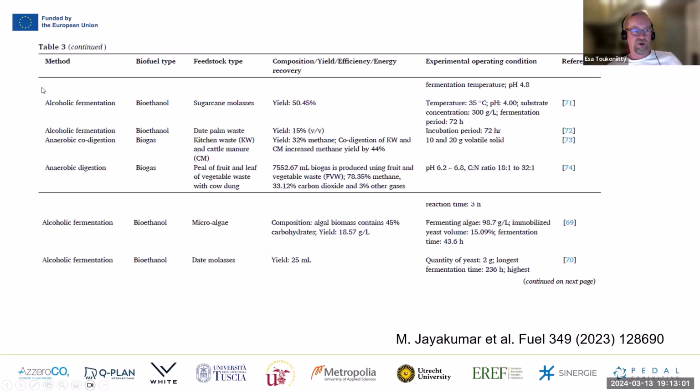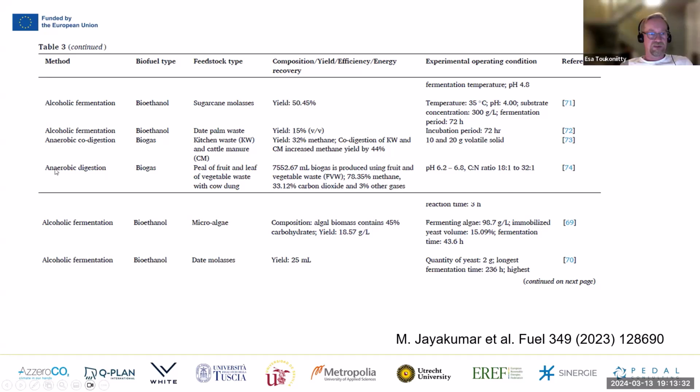Then the table still continues, and here alcoholic fermentation is the main method. Products are these alcohols. Here you get, this is not fermentation, it's anaerobic digestion, so that's making of biogas. That's totally different.